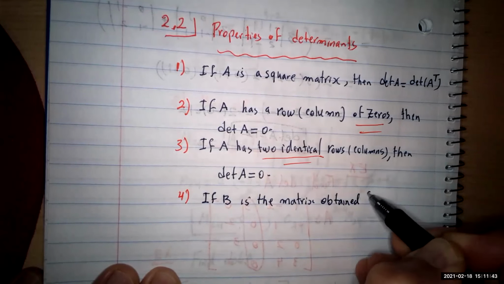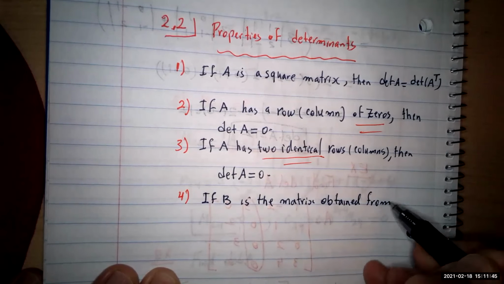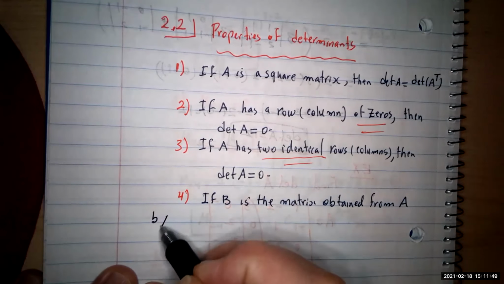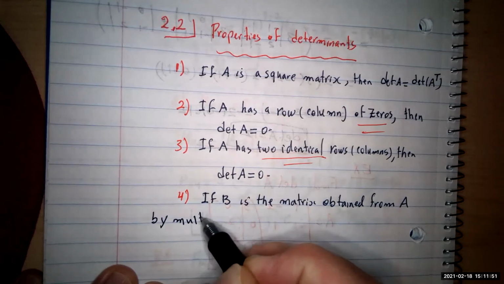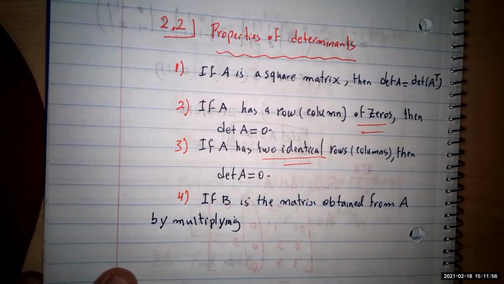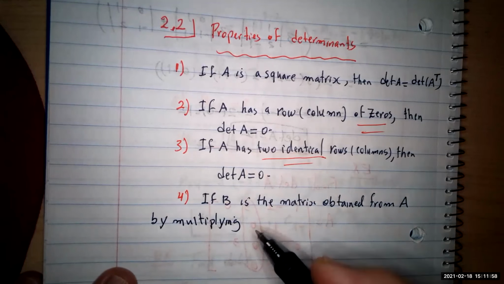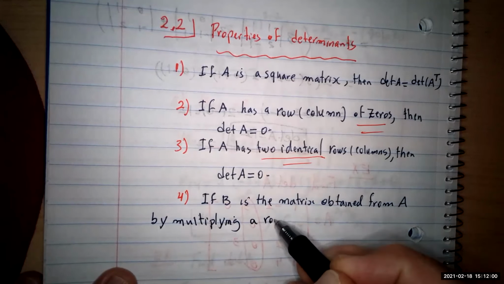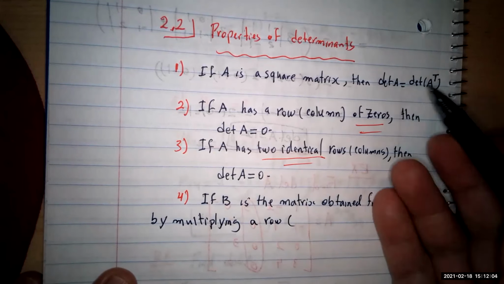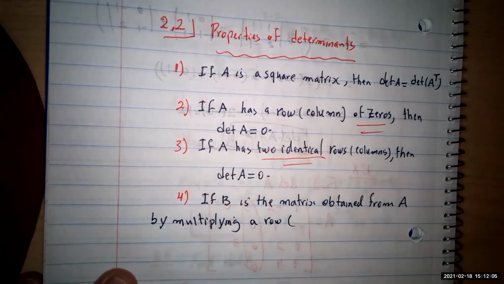This matrix is obtained from A by multiplying a row, or a column, because of that property that we have, every time we talk about the row, we can switch it into the column too.